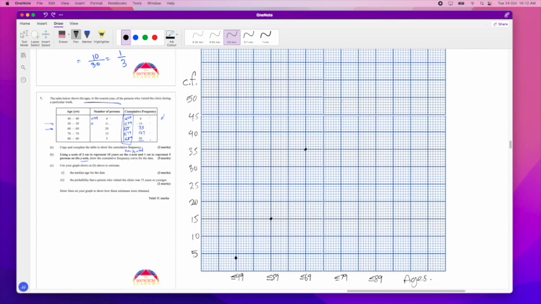And then 89 goes to the 50, so 50 will be here.